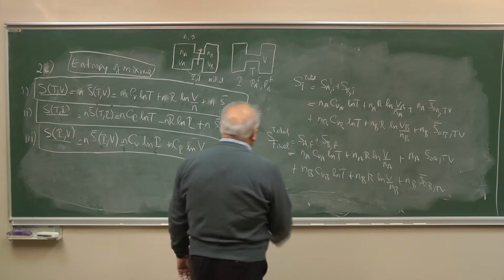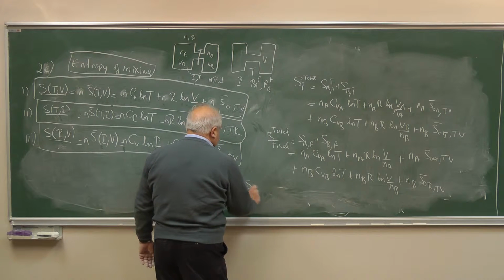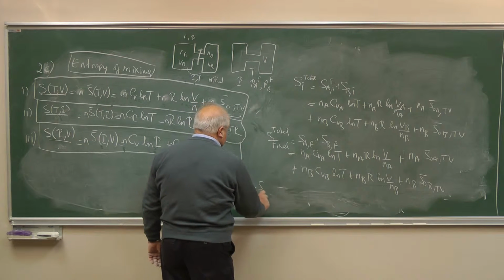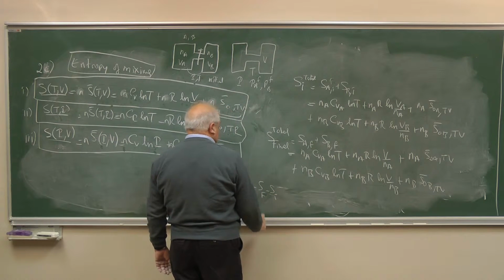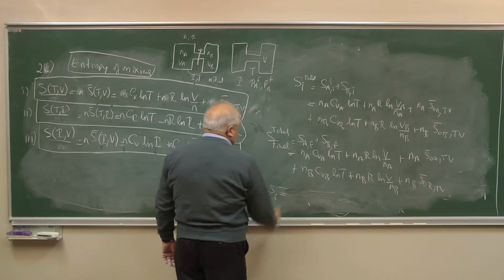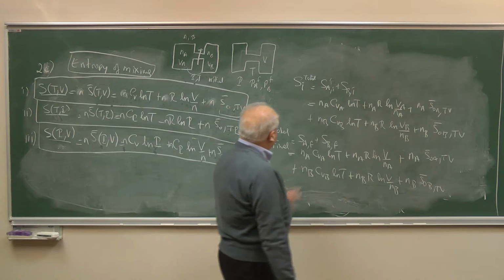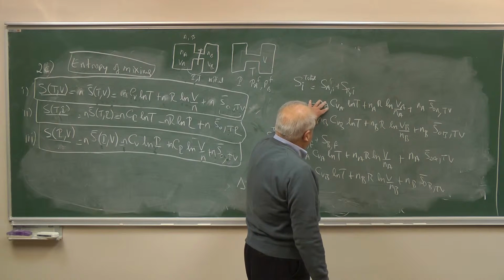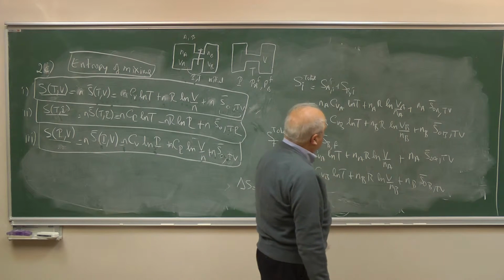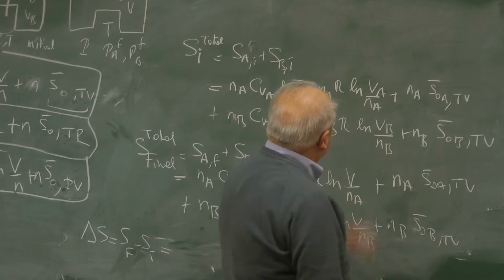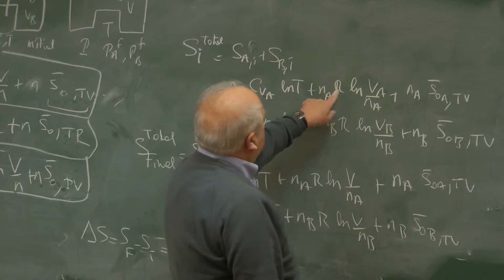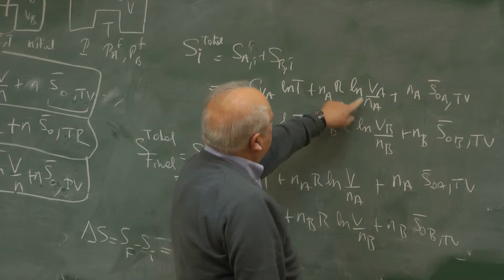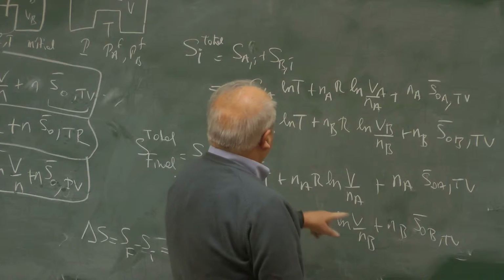Delta S is the difference. Delta S is S final minus S initial total. Let's look at it. These terms cancel, the same. Entropy constants cancel. NA R log 1 over NA, so they cancel.